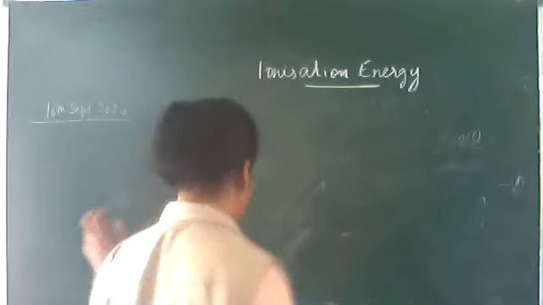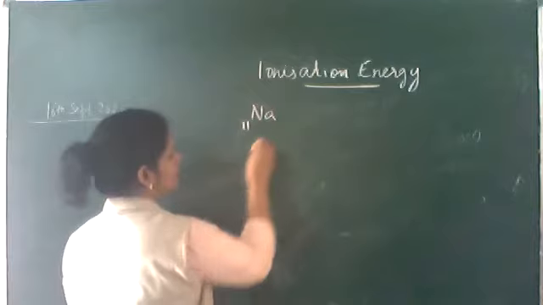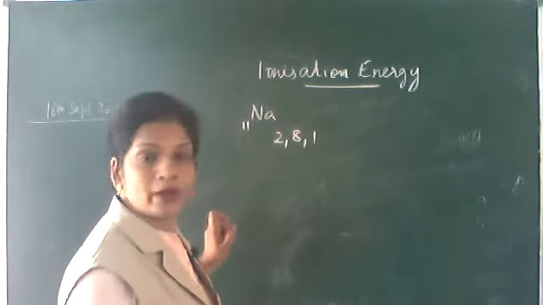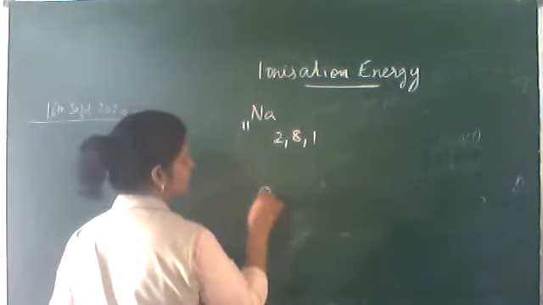For example, sodium, Na 11, 2 8 1 according to our Bohr model, right? Now first, this is the nucleus.